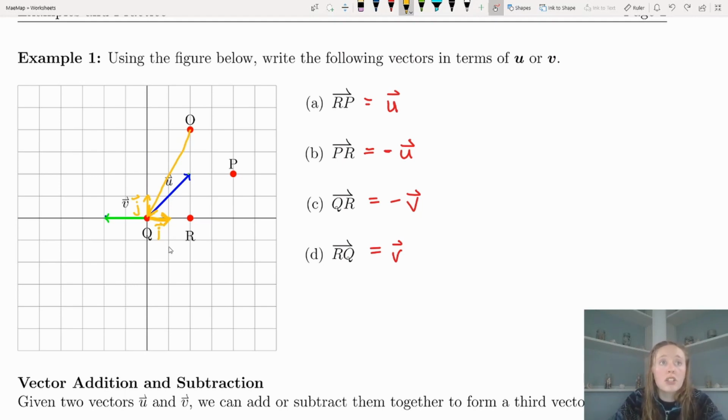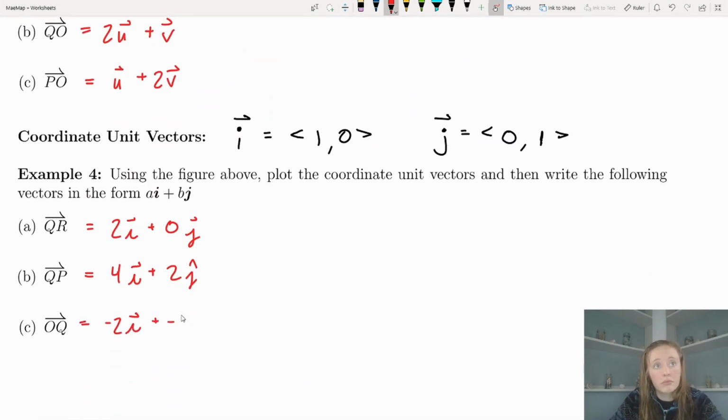So vector OQ is going to be negative 2i, so here's negative i and then negative 2i, plus negative 4j, negative 1, negative 2, negative 3, negative 4, to form vector OQ. Or I can write this as negative 2i minus 4j, just as long as that b is negative.